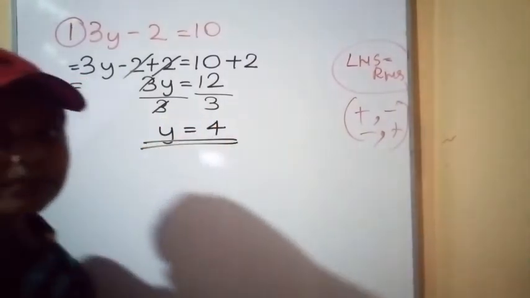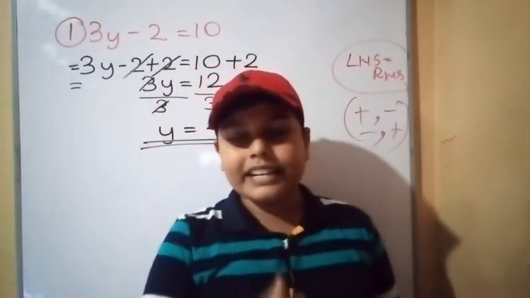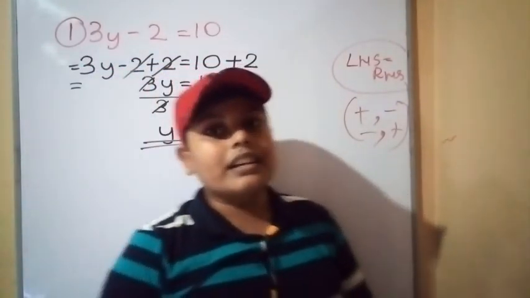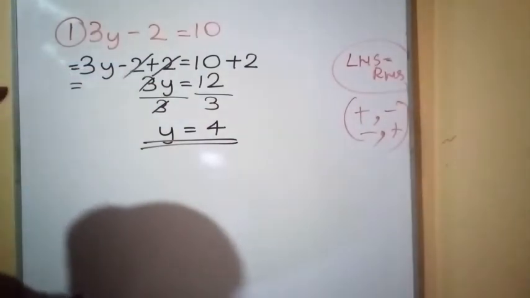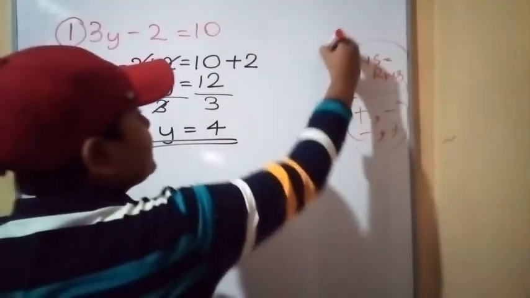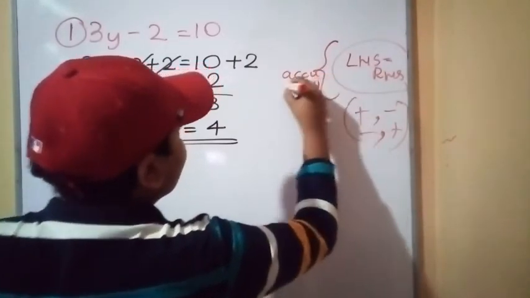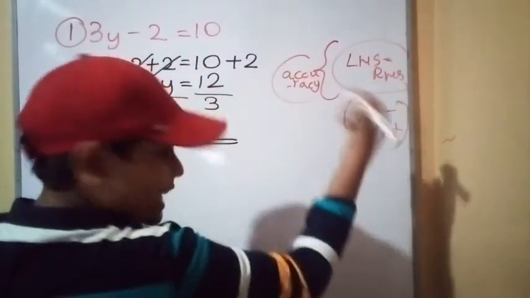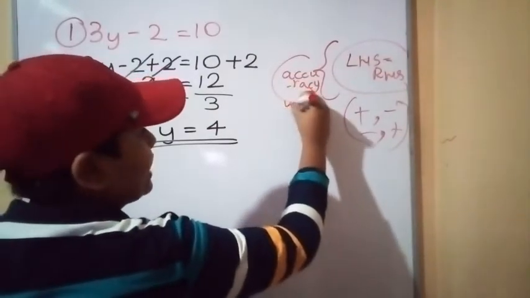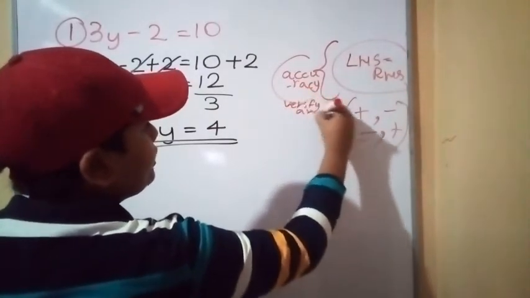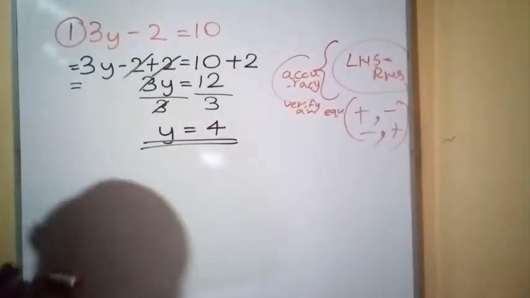y equals 4. Let's check whether the left hand side is equal to the right hand side. This is the accuracy check, that means verifying an equation.